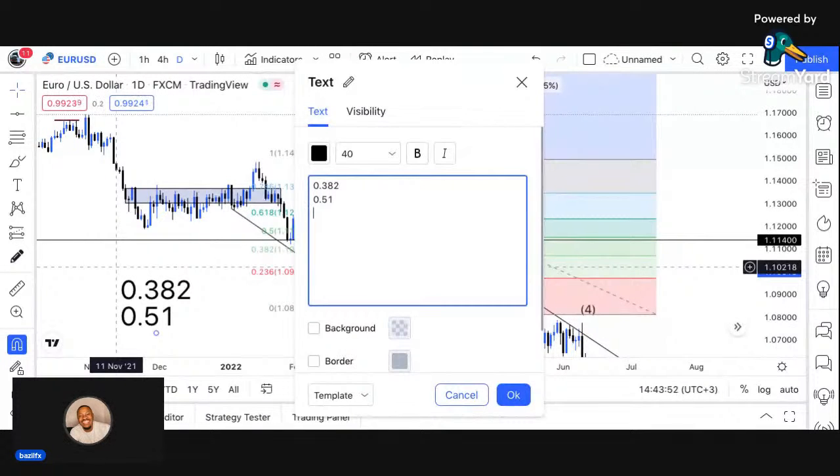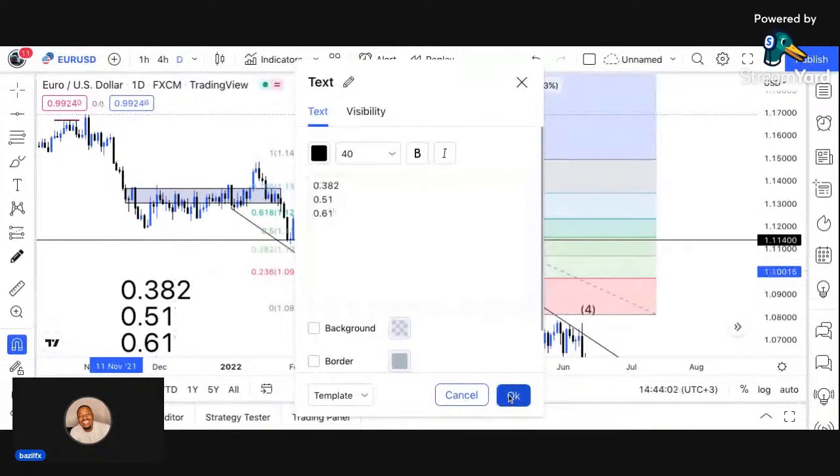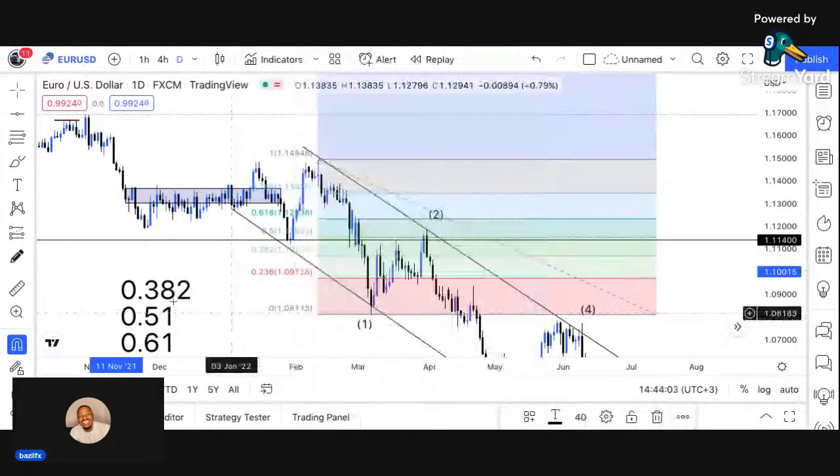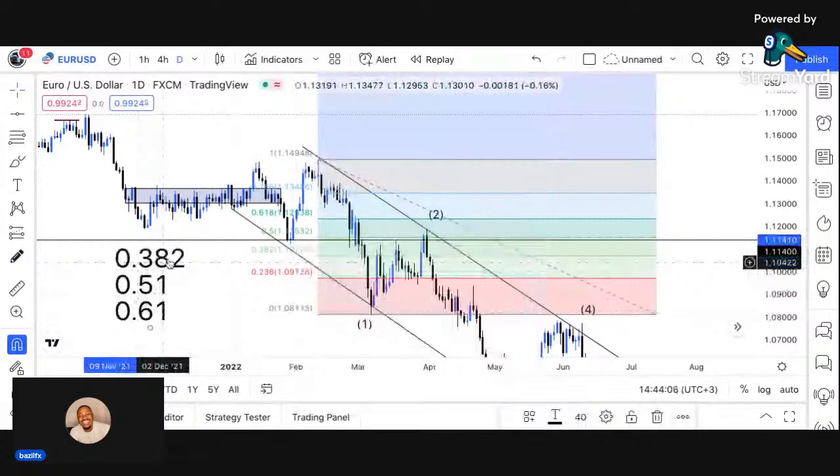These are the most important levels, guys. This is why you always expect price to come up and then keep on going down.